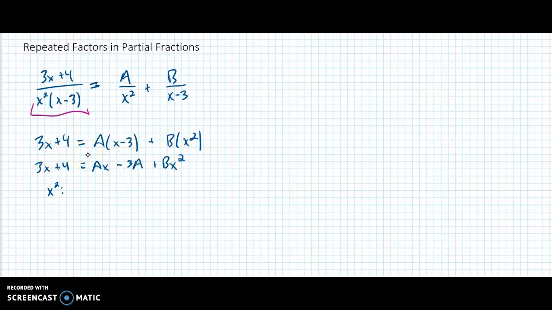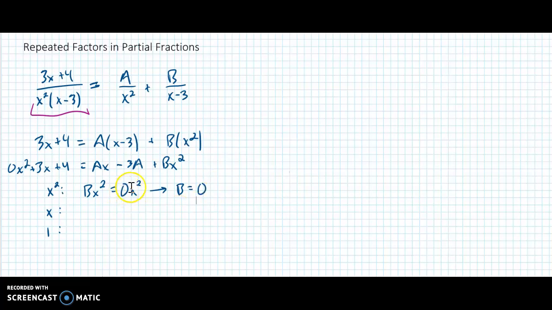My x squared term is going to be this b, and notice there are no x squareds on the left side, so really it's 0x squared. So what I've got is bx squared equal to 0x squared. What's that tell me? I think you should see that b needs to be 0 to make that true.